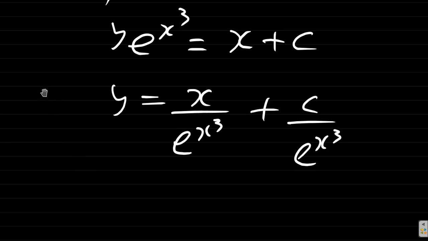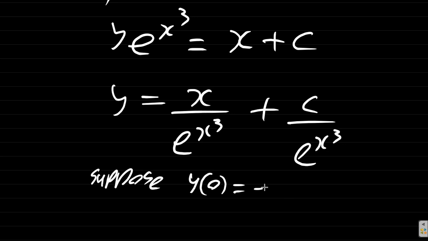Now, suppose you are given an initial condition: y of 0 is equal to negative 1. That means when x is 0, y is negative 1.